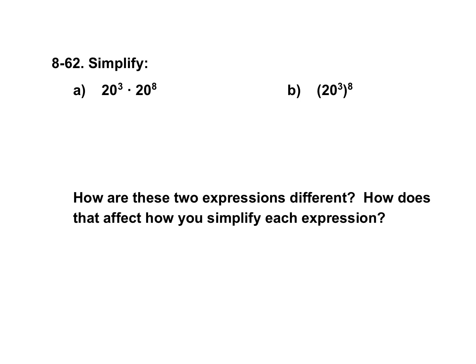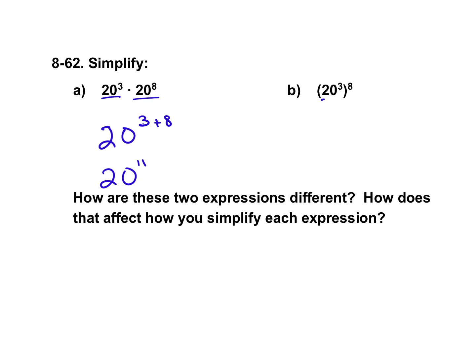Taking a look at the first one. This is 3 20s multiplied together, multiplied by 8 more 20s. This is 20 to the 3 plus 8, which is 20 to the 11th power.